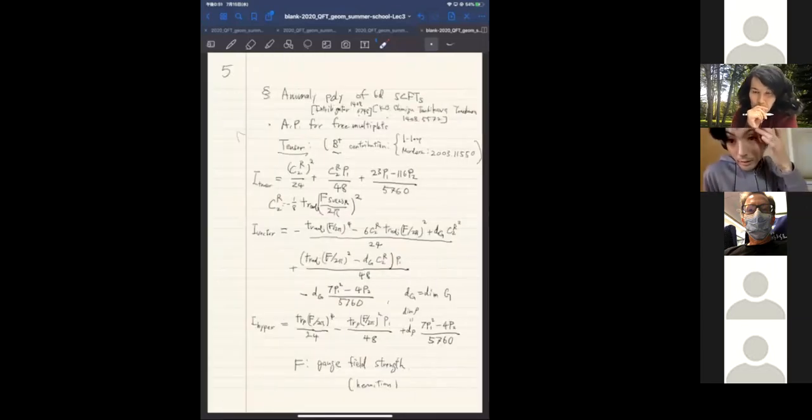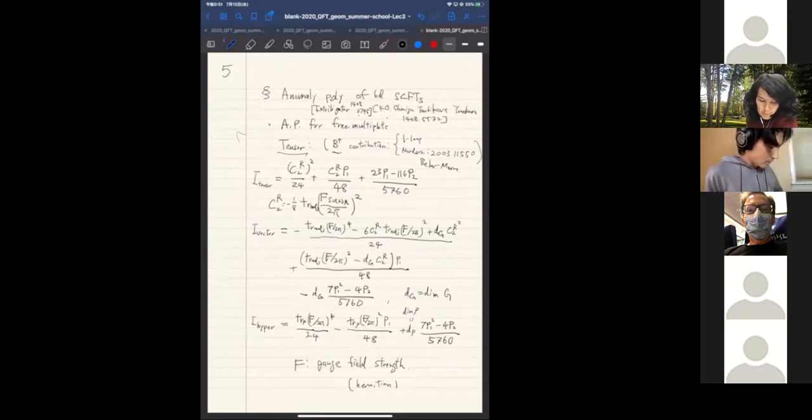This is not the original, I think the original paper is by Monnier and Moore. About the computation of anomaly, it's good to look at the recent paper by Chang, Yuji, Kazuya.